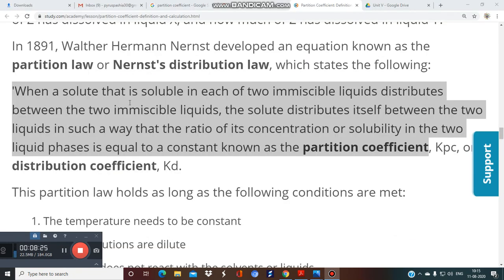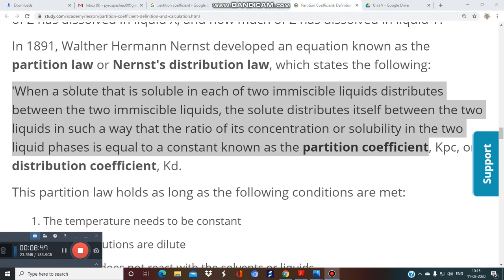Just see the definition of partition coefficient again. So when a solute that is soluble in each of two immiscible liquids, suppose a particular compound that is soluble in two immiscible liquids, and in respect of chromatography, we can say stationary phase and mobile phase are the two immiscible phases. They cannot mix with each other.